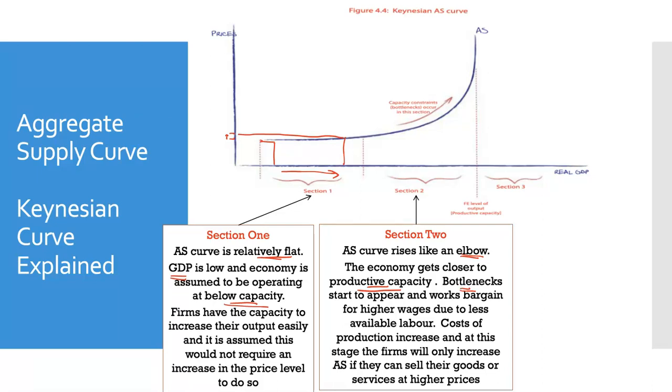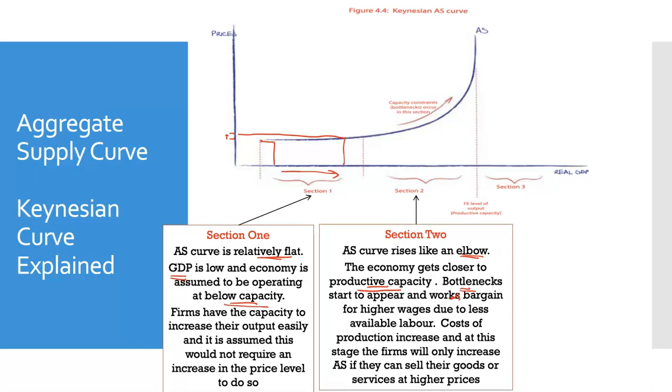As workers bargain for higher wages due to less available labour, cost of production increases at this stage, and the firms, because of these bottlenecks, these increased costs, will only increase aggregate supply as they know they can sell their goods. As prices rise, they're only going to increase their supply with bigger price rises.